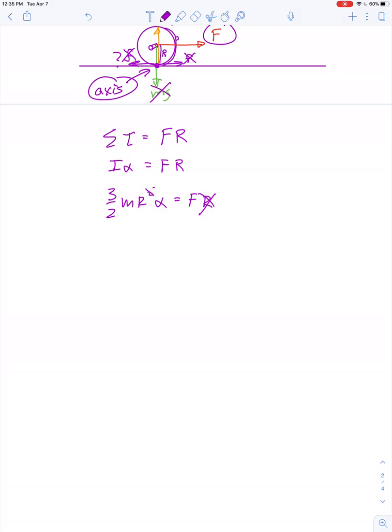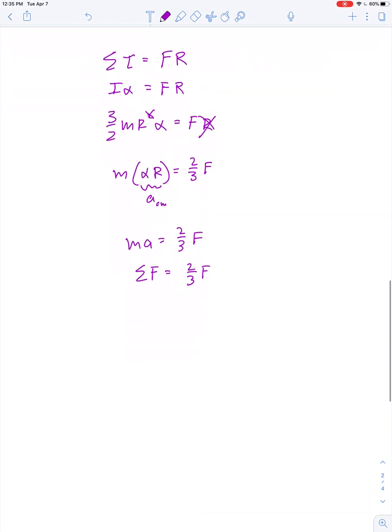I cancel one of the r's, and I have m times alpha r is equal to 2/3 F. But alpha r is the acceleration of the center of mass, so we have ma equals 2/3 F, but ma means net force. So the net force is only 2/3 of the applied force.